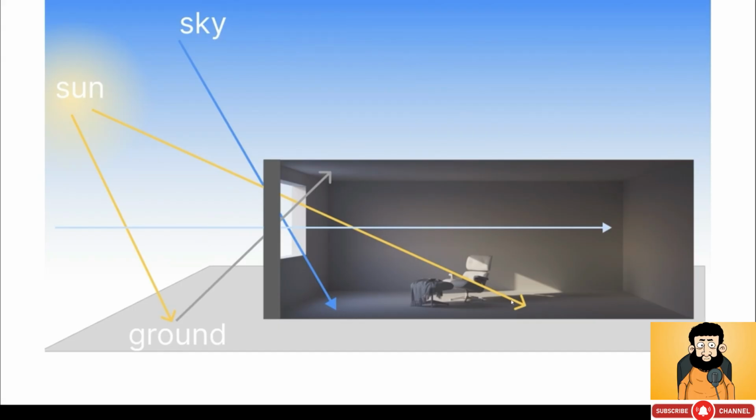As for the sun, it creates this sunspot on the floor. The sunspot might not be there. It won't be there if the weather's overcast or the sunlight is blocked by trees, houses, and various other objects. Or if the sunlight is not getting inside the interior directly.